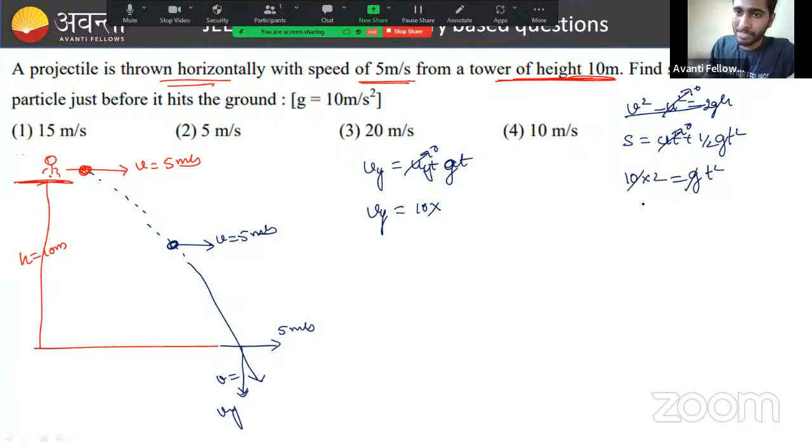Then t square value will be equals to 2, t value will be under root of 2 seconds. Substitute that value here, t means under root of 2.